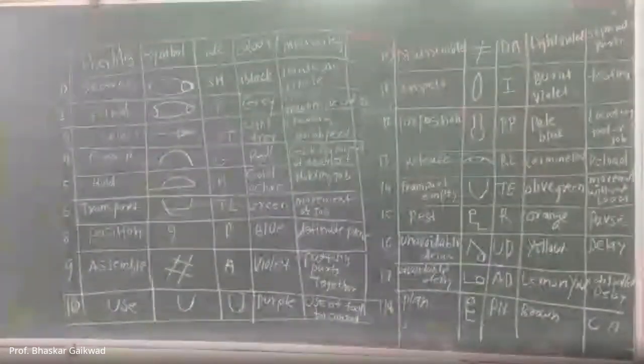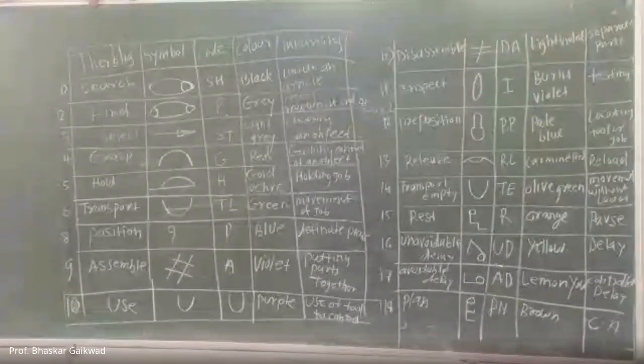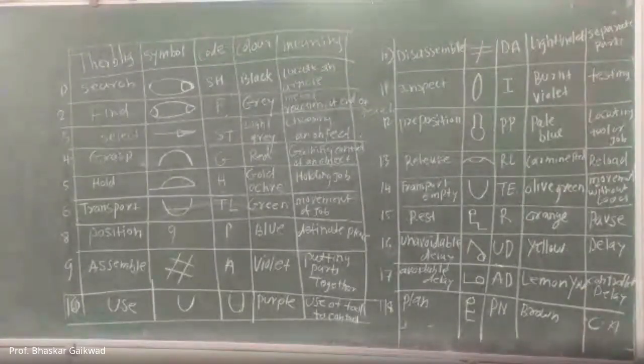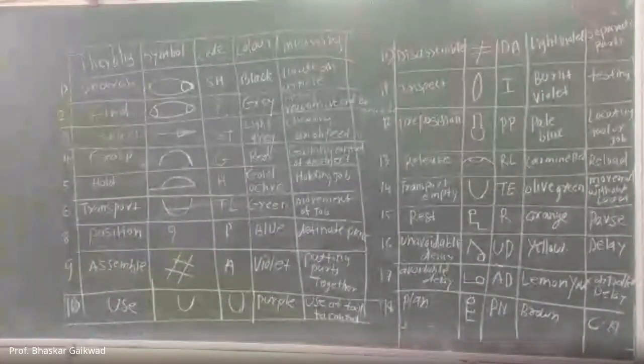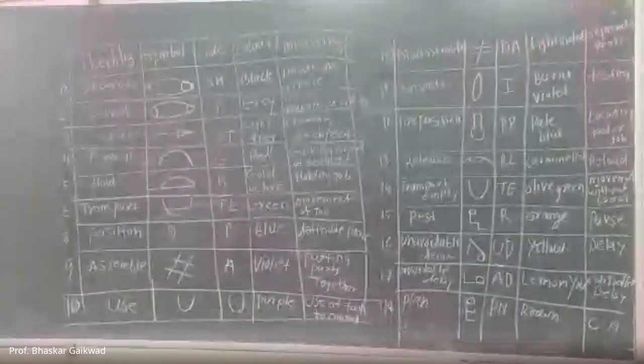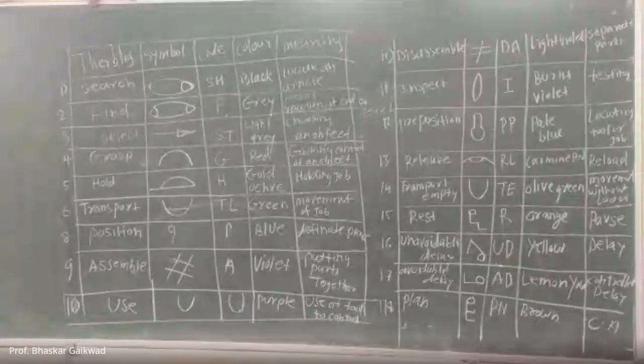In our store, so many materials are there, so we go there, put a particular material on some other materials, and take it back to the shop floor. So for searching, you show that symbol, code SH and color black.